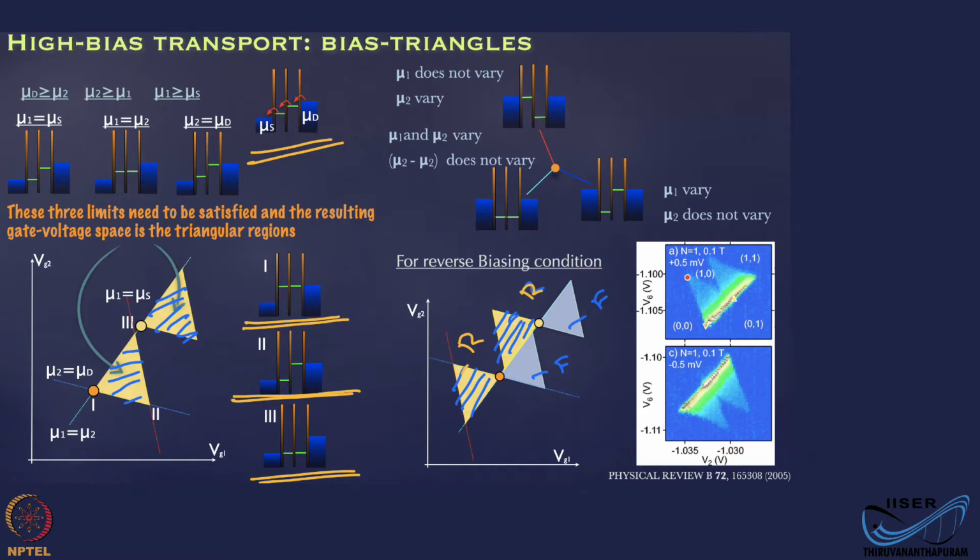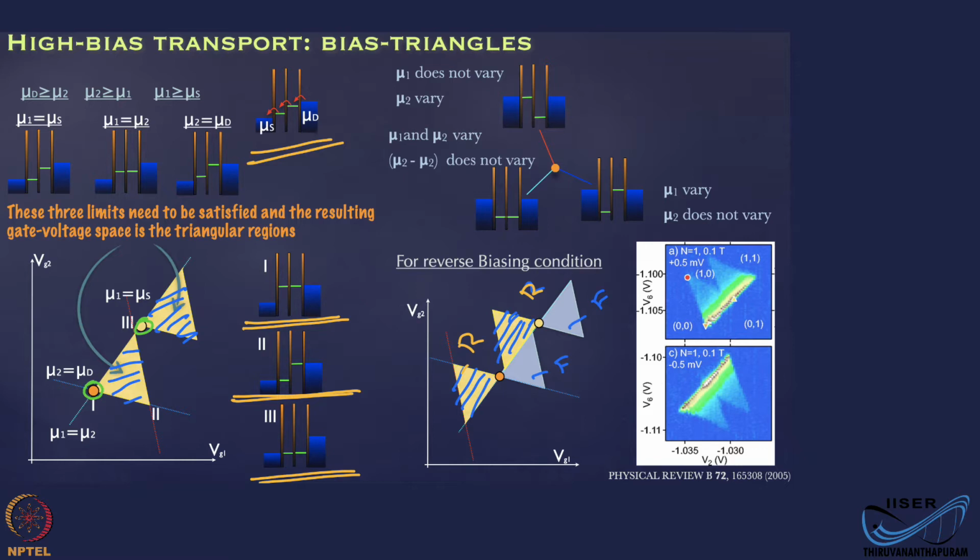All right. So this is the physics of the bias triangle. The summary: when you apply bias, you get triangular regions of no current. These points which had no current initially when you had zero bias expand into triangular regions.